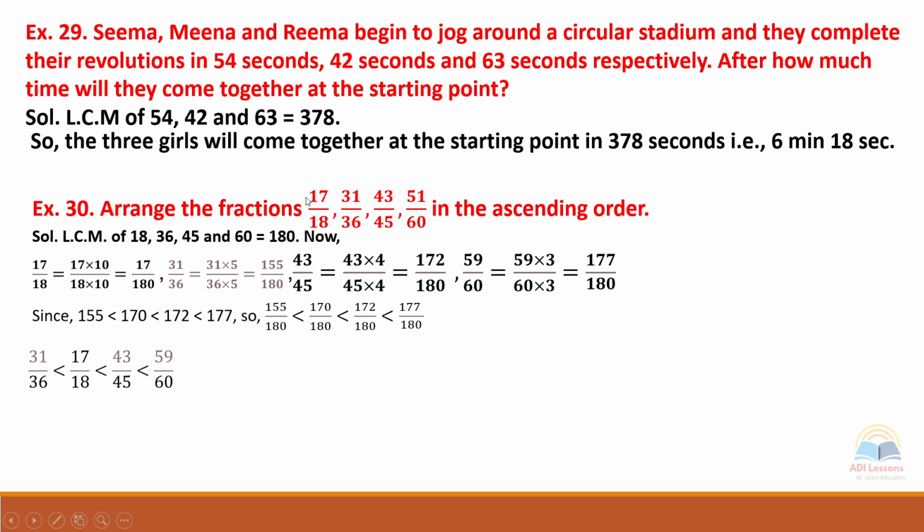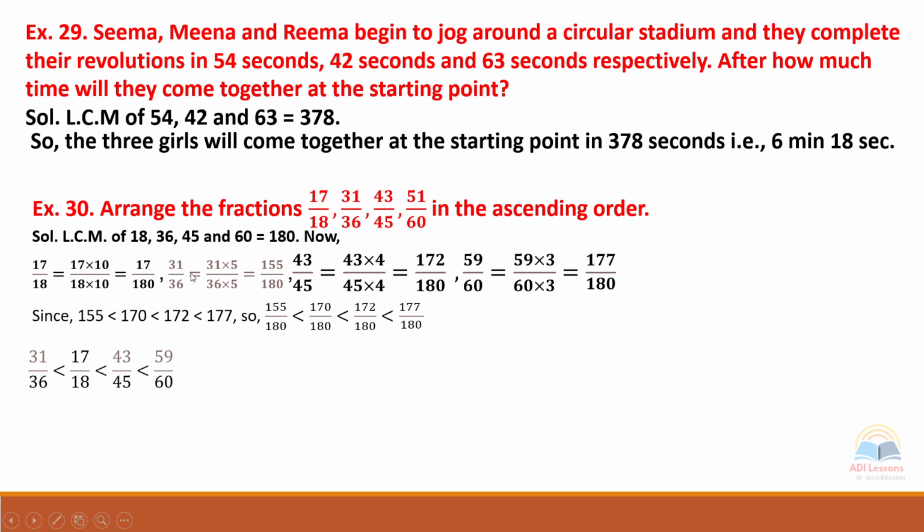Arrange the fractions 17 by 18, 31 by 36, 43 by 45, 59 by 60 in ascending order. So LCM of denominators 18, 36, 45 and 60 is 180. Now 17 by 18 equals 17 into 10 by 180 into 10. This becomes 170 by 180.